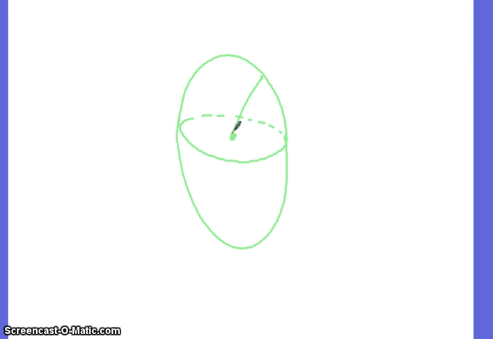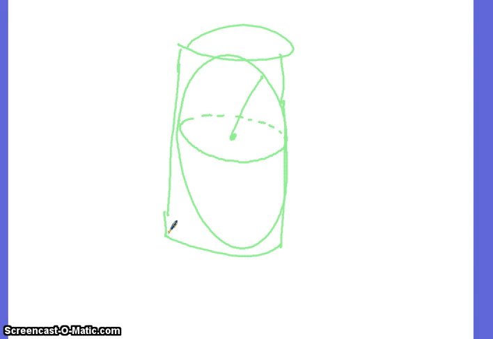Because if I had to put my sphere inside a cylinder, which I shouldn't dare attempt to draw since I obviously can't draw. So here's my cylinder. My cylinder is bigger than my sphere.